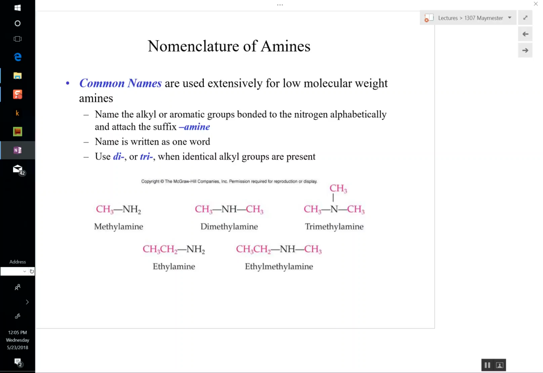So here's methylamine. We looked at methylamine, dimethylamine, trimethylamine. I had you draw ethylmethylamine, ethylamine. So when they're just these very short little alkyl substituents, this is the best way to name them. Simple. If you got 3 methyls, you got to make sure you put the prefix in front of it. Just say there are 3 methyls.